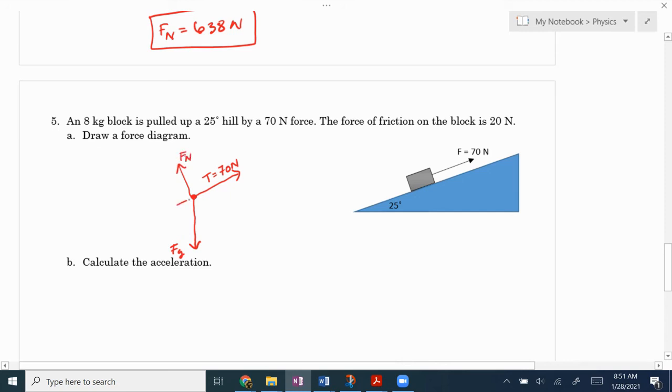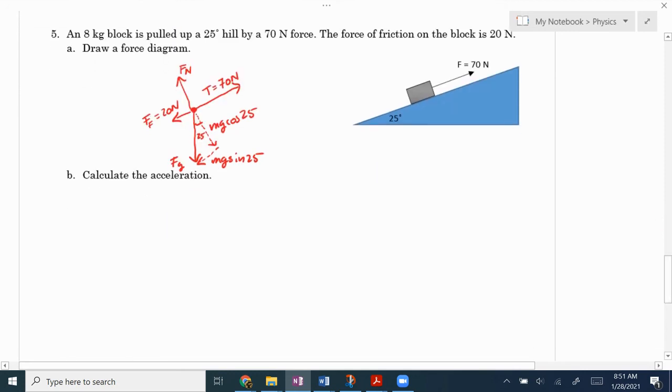There's also a force of friction of 20 newtons, and gravity gets broken into its pieces. That's 25 degrees. So this is going to be mg cosine of 25, mg sine of 25. All right, well, that turned out to be kind of a mess, but here we go.